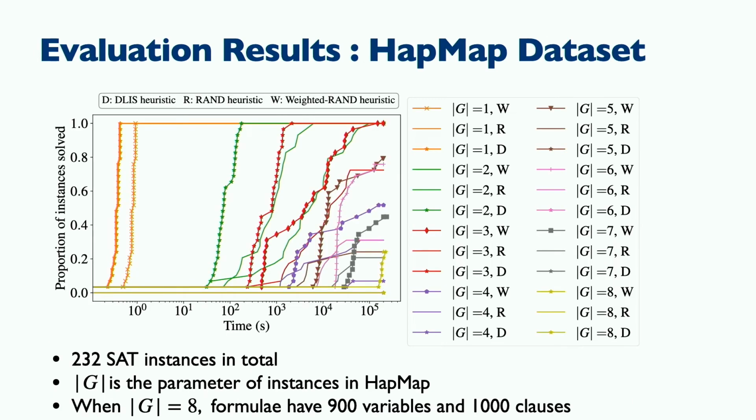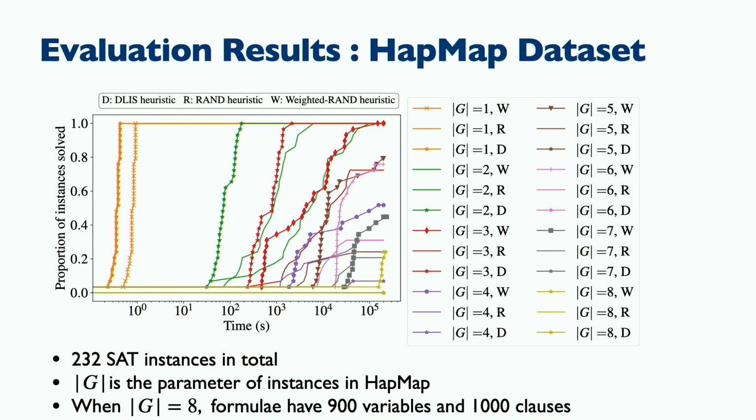We also benchmark our ppSAT solver against a real database. We use international human haplotype and genotype datasets. There are 232 SAT instances in total, and this G value is the parameter of this formula. The larger G is, the larger the formula will be.